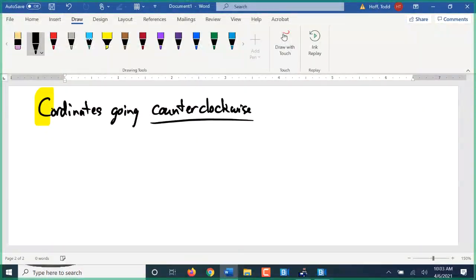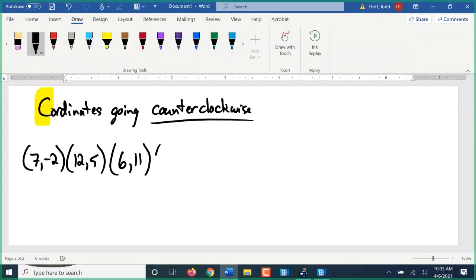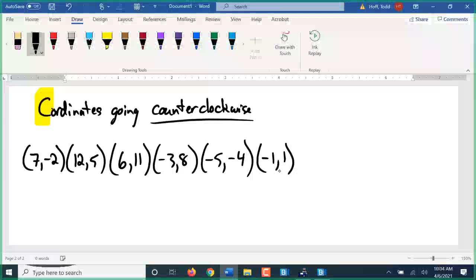If I give you that we have the coordinates here, 7, -2, 12, 5, 6, 11, -3, 8, -5, -4, and let's go -1, 1.